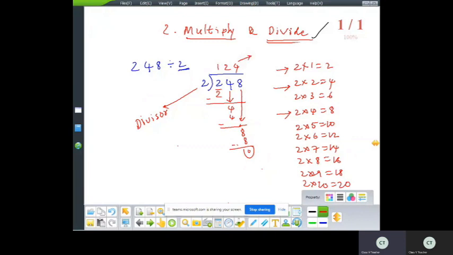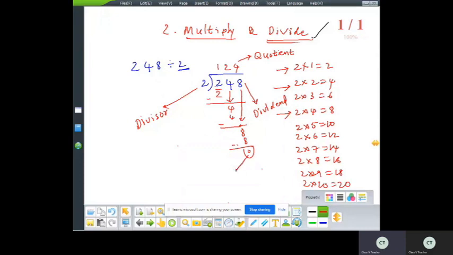124 is our answer. When 248 is divided by 2, the answer 124 is called the quotient. 248 is called the dividend.